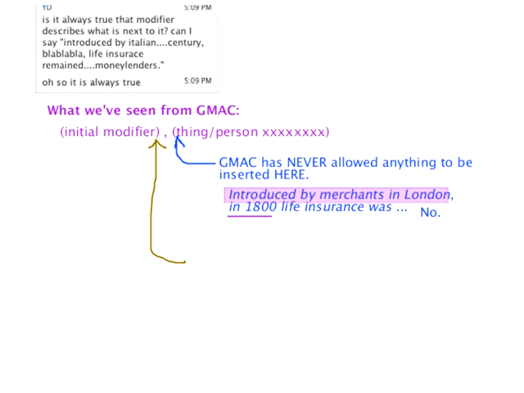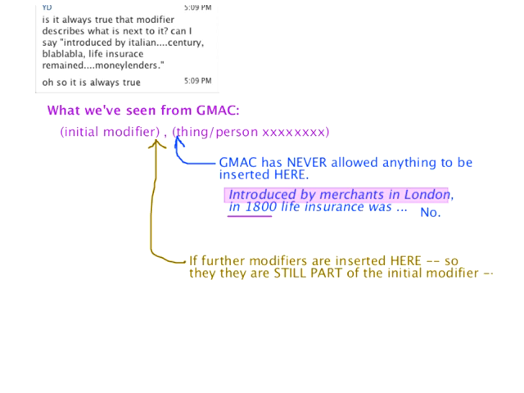So in other words, if further modifiers are inserted here so that they're still part of the initial modifier, then that's acceptable. Let me give you an example of what I'm talking about.